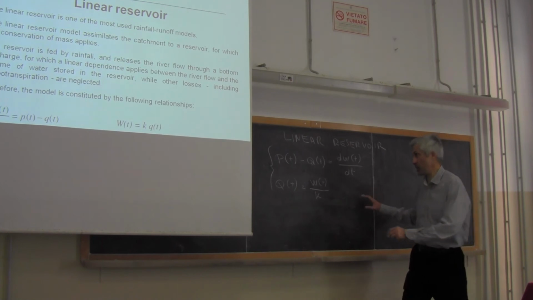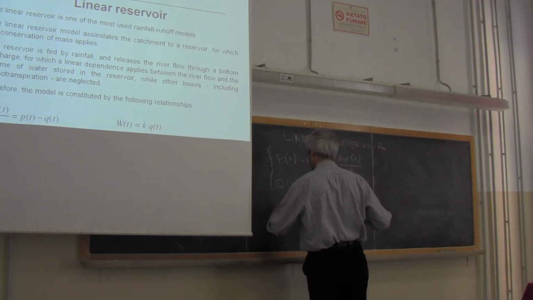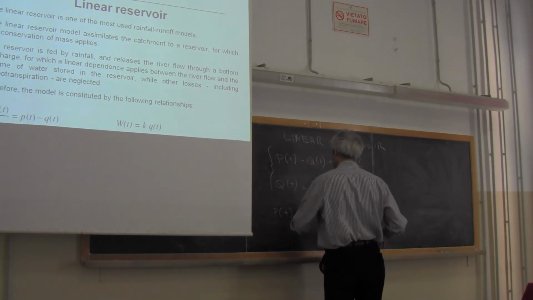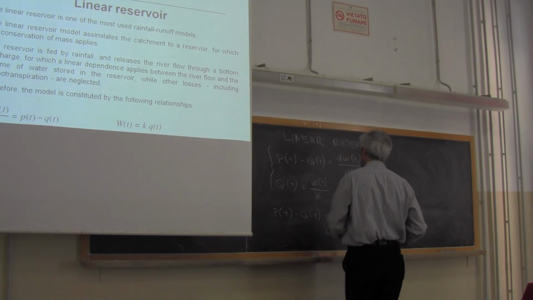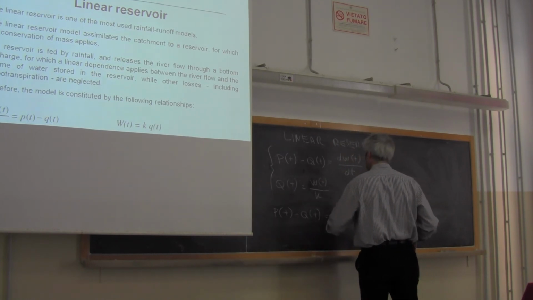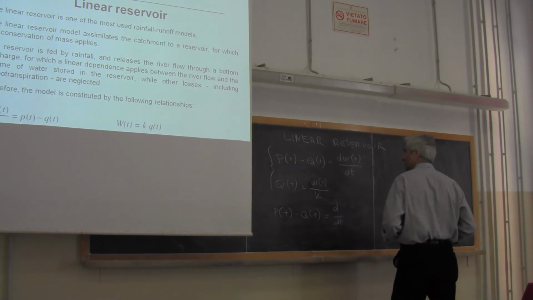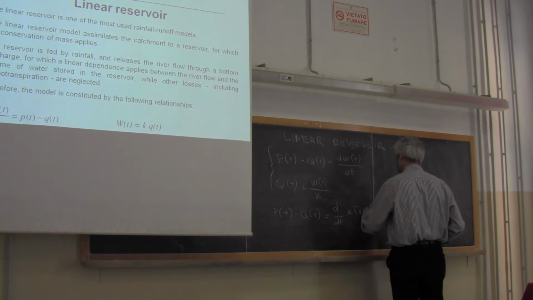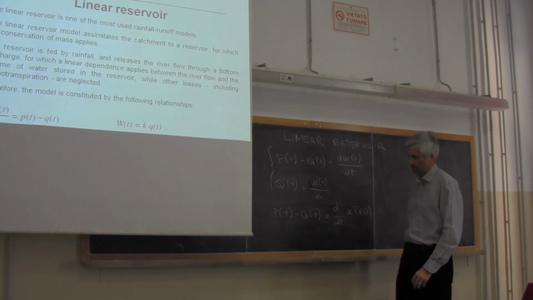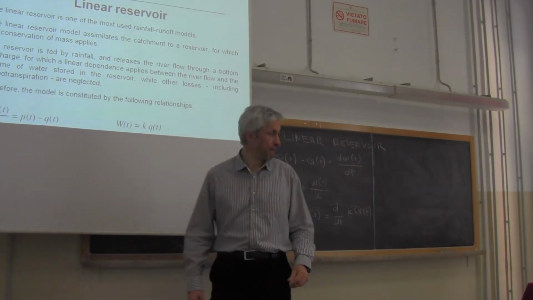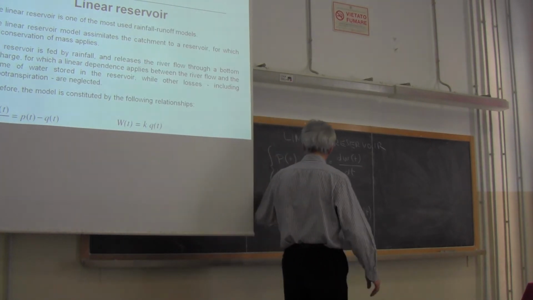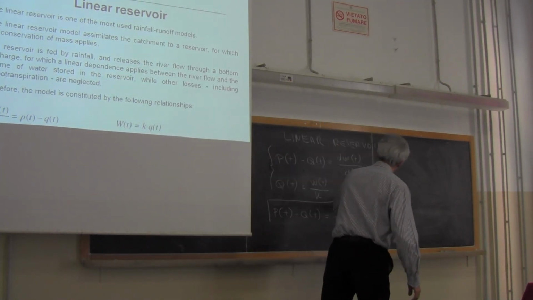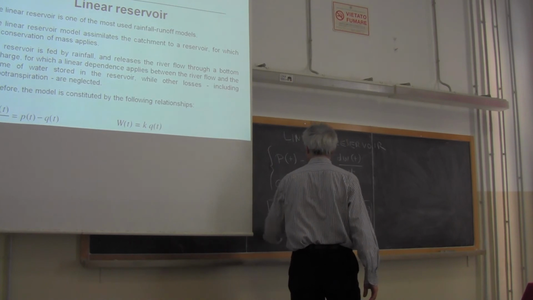So let me make this change. You will see that W disappears. P(t) minus Q(t) is equal to the total derivative with respect to time of K times Q(t). Okay, and let's continue with this one, with no more storage.